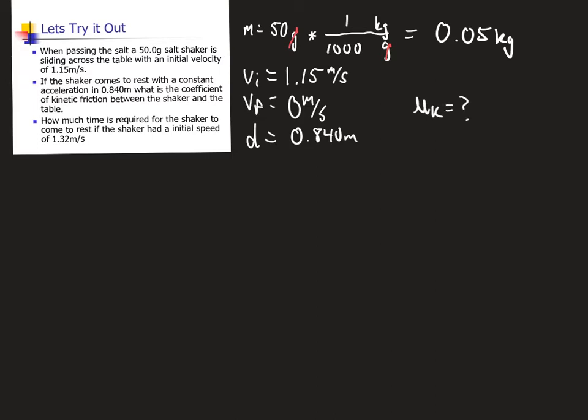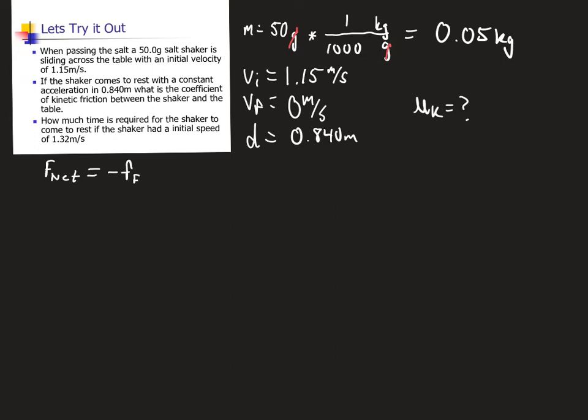Looking at the sum of all the forces, F net is going to be equal to, because there are no other objects working on it, a negative frictional force.